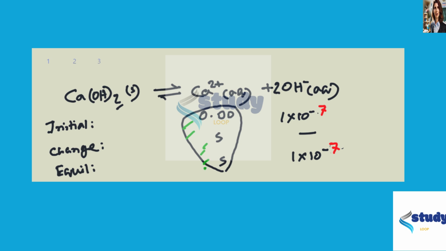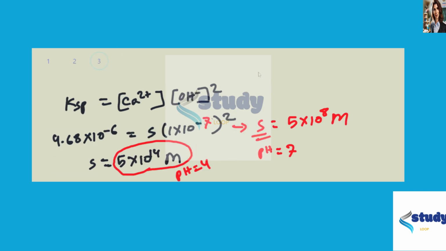We just have to change the hydroxide ion concentrations. Now in this expression again we just have to change the value for the hydroxide ion concentration.